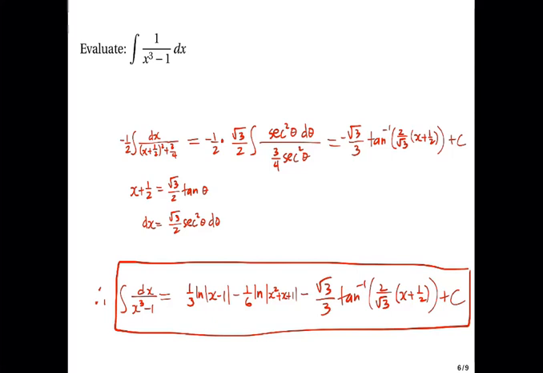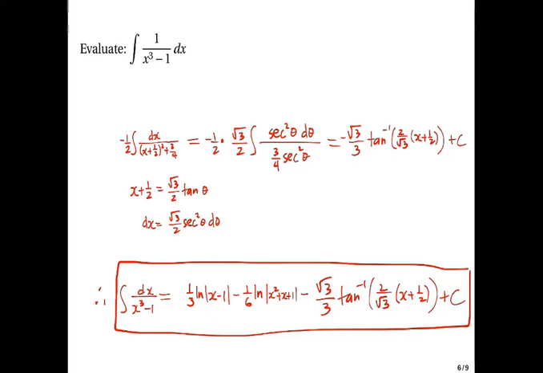So in here, dt is equal to 1 half secant squared x over 2 dx. But what's secant squared x over 2? That's coming from here.